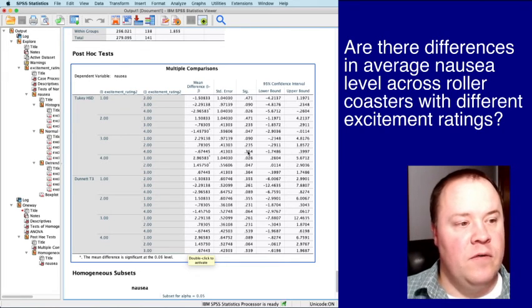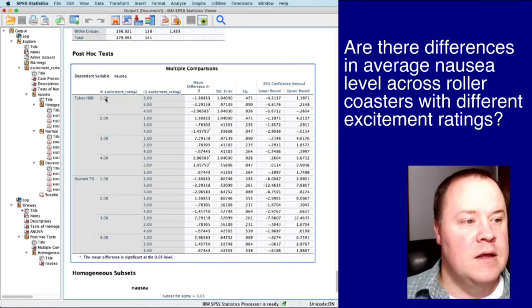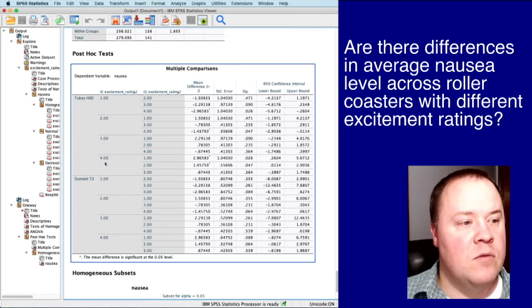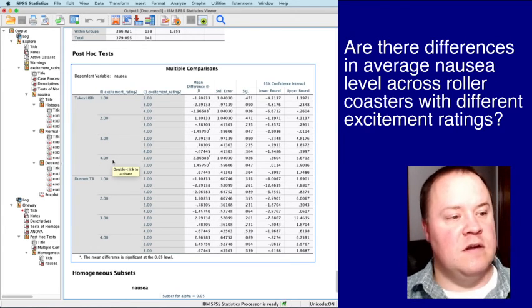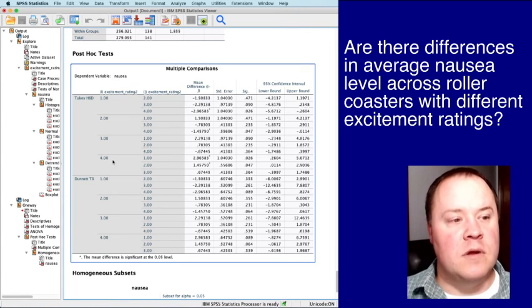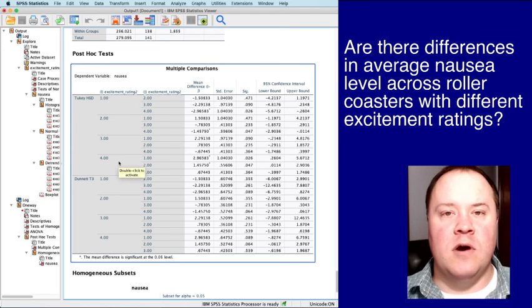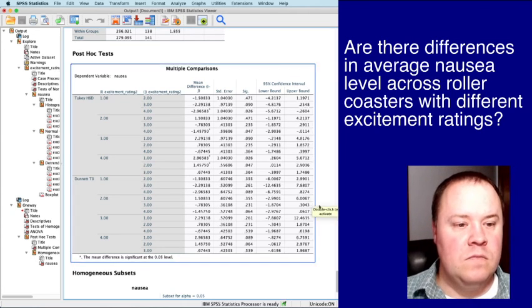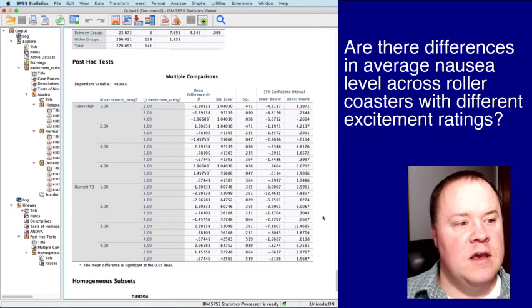So really the only things that matter are comparing low and medium to very high. Very high has statistically significantly higher nausea values than the low and the medium, but there's not differences anywhere else. That's it.